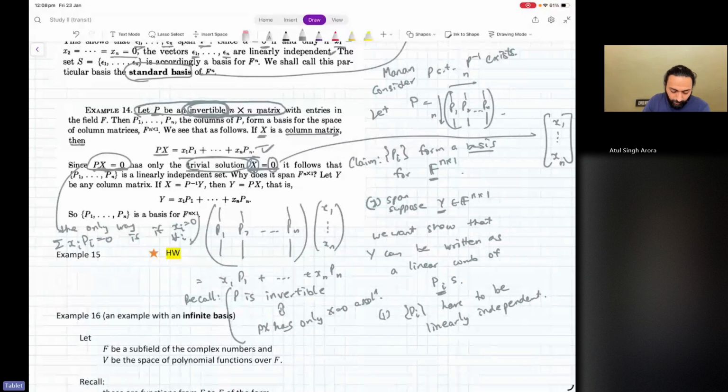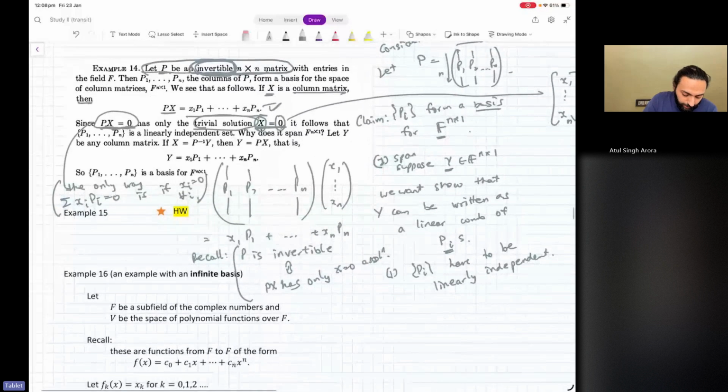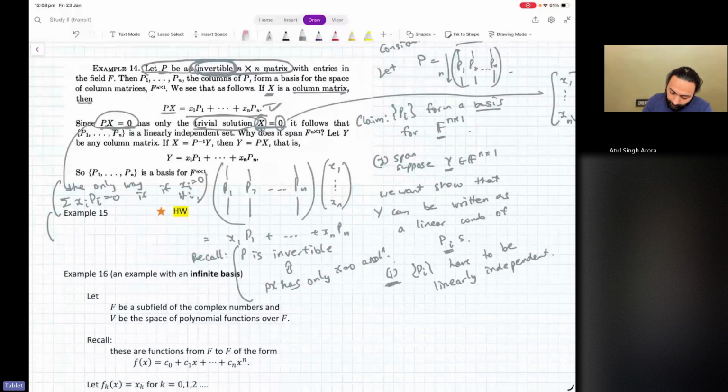Is the statement clear? Okay, and then what does this say? What was the first property we wanted to show here? Are you convinced that this point that I've highlighted is now proved?